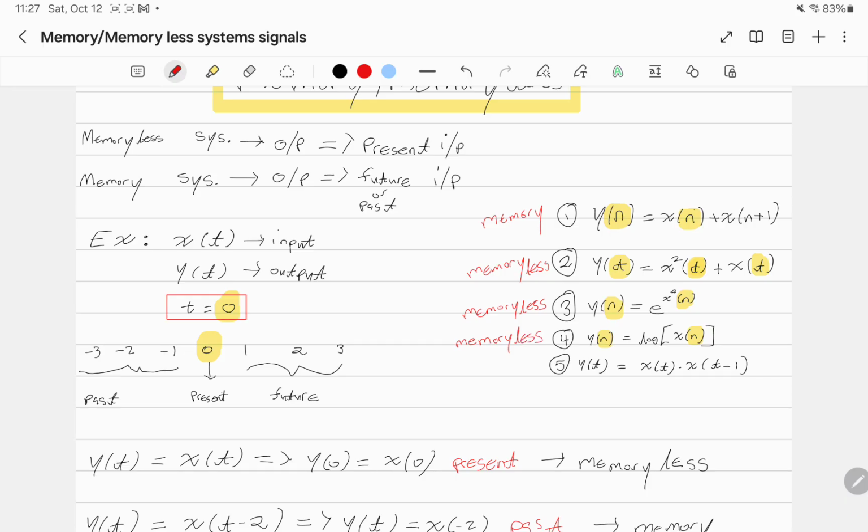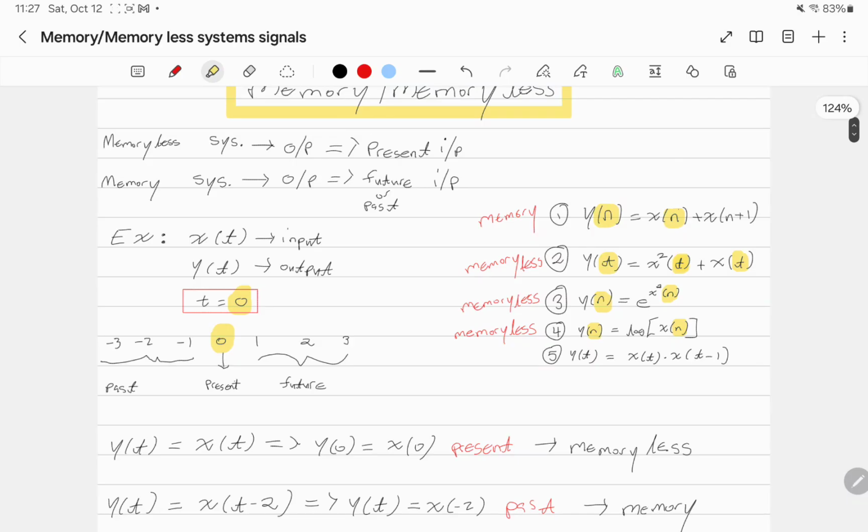And for our last example, we plug in 0. We'll get 0 here, but we'll get 0 minus 1, which is a past value of the input. So it has memory.